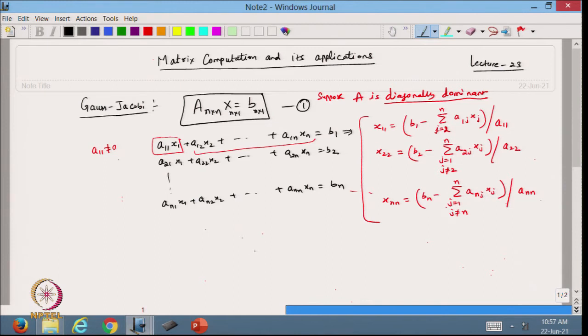So, I can write this equation as the iterative scheme.